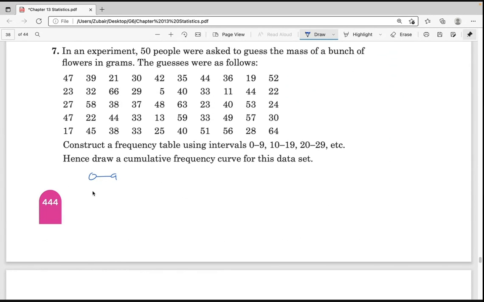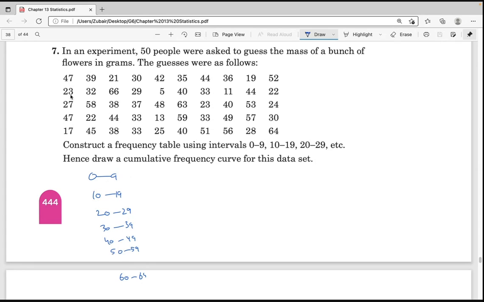0 to 9, 10 to 19, 20 to 29, 30 to 39, 40 to 49, 50 to 59, and 60 to 69. We'll see if we need more values.